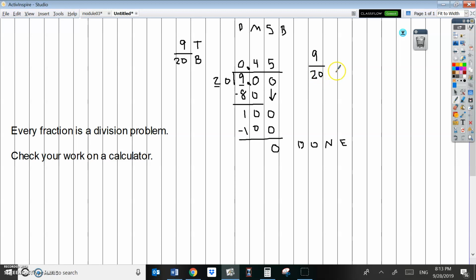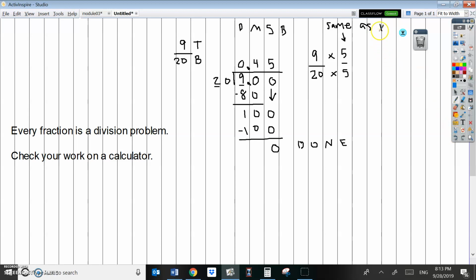Another way to look at this one is 9 over 20. You can multiply these both by 5. Remember, 5 over 5 is the same as 1.